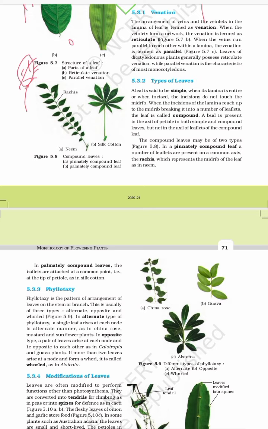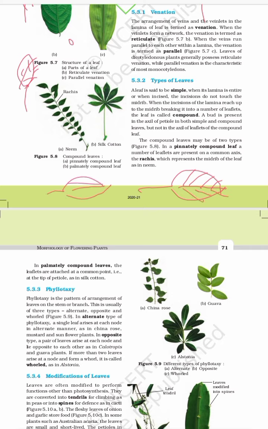I'll just show you over here, right? Arrangement of veins. These are veins. So there are two types of arrangement. One is this one and the other one is this. So the arrangement of veins and veinlets in the lamina. Vein and veinlets. What do you mean by veinlet itself? If this is a vein, over here something is there, it is called veinlets.